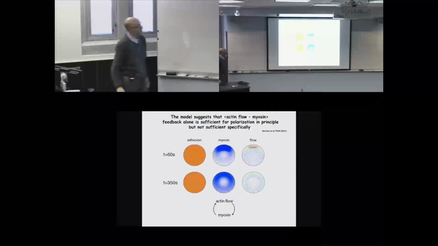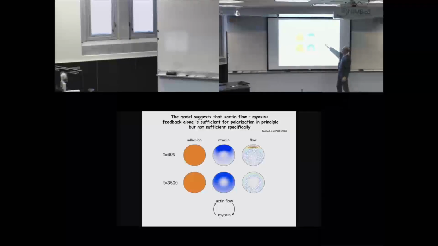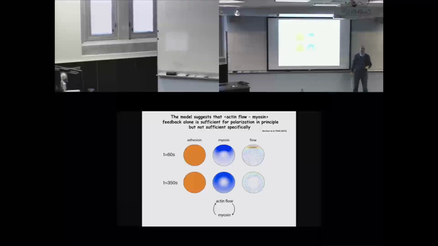Right. So when we solved this model, the result was the following. We solved the model with an initial condition such that myosin is slightly biased to one side of the cell. And the slight initial bias creates the initial flow. And then see what happens at this boundary.